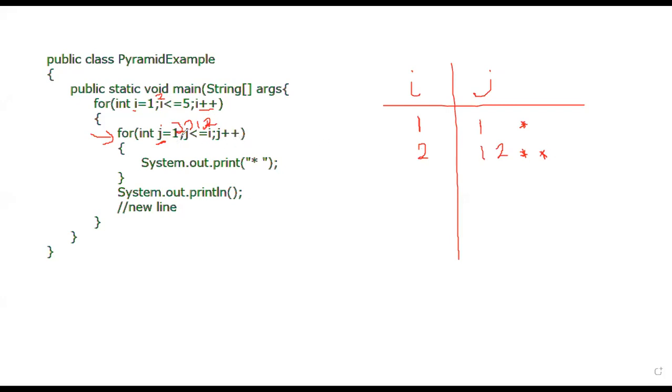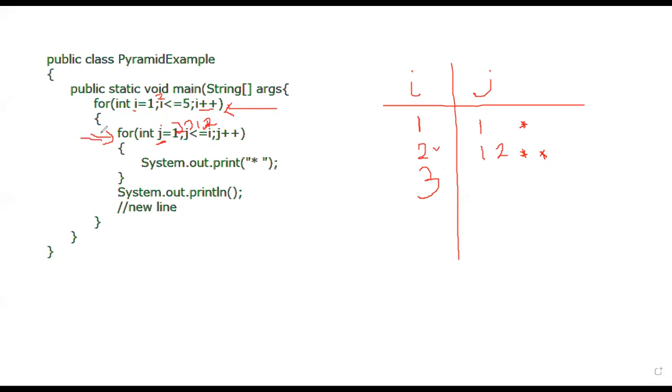Now 3 is not less than or equal to I. Our I now is 2. So it will exit the j loop and then go back to the I loop and update our I. From 2, if we add 1 to it, our I will now become 3. 3 is less than or equal to 5.